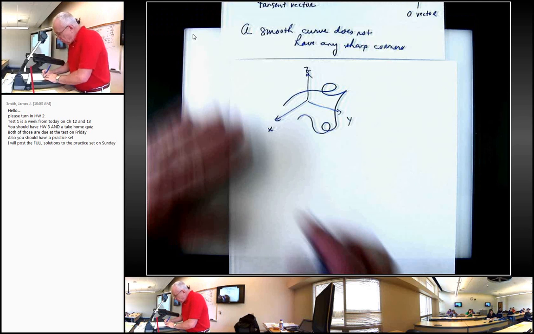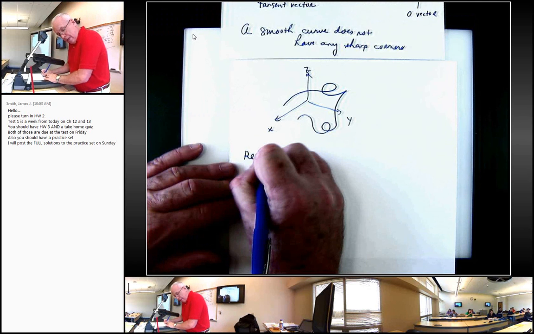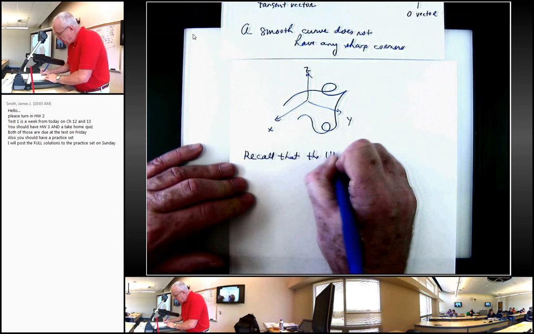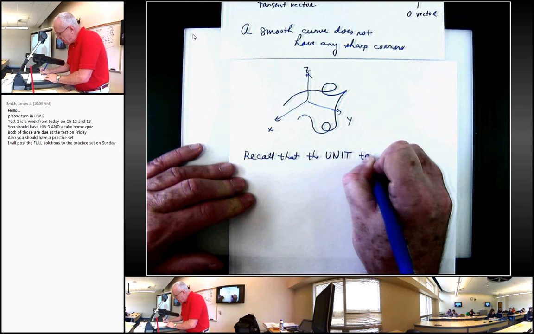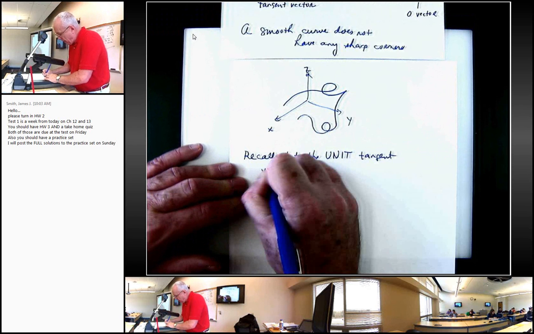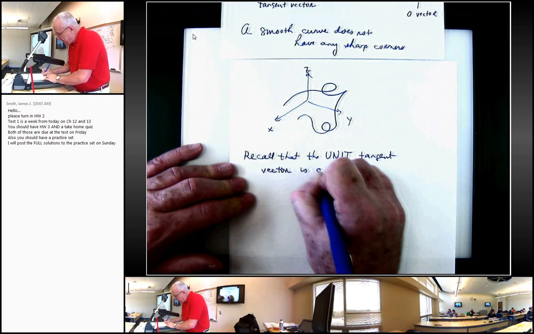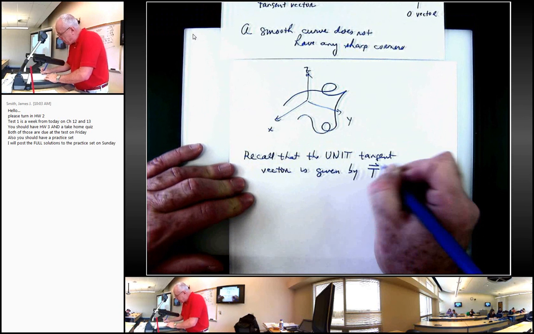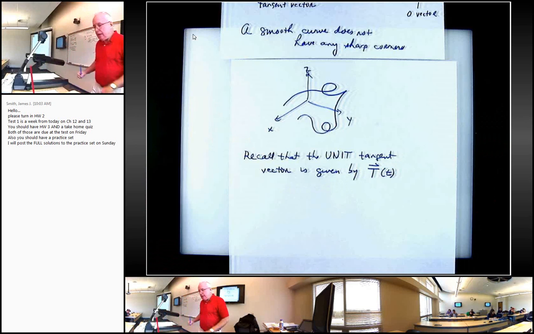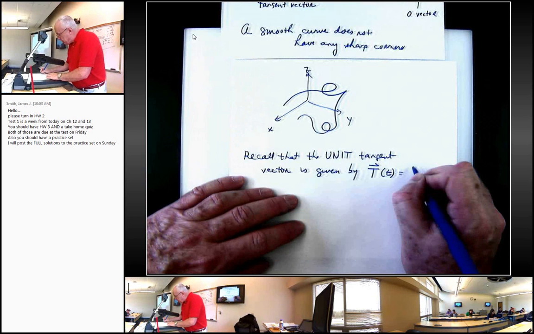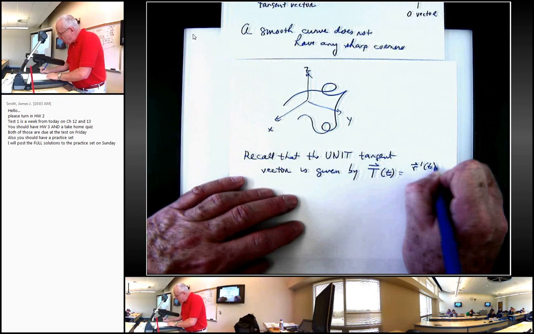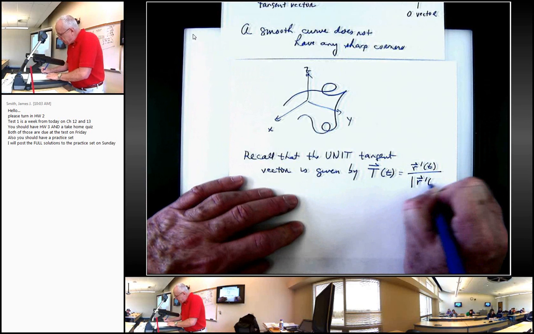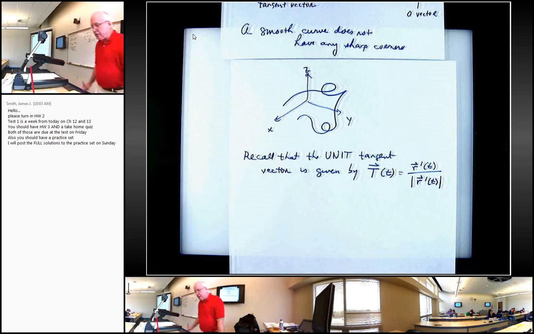Now, recall that the unit tangent vector is given by, we call it capital T of t, and it's defined as the tangent vector, r prime of t, divided by the magnitude of the tangent vector.